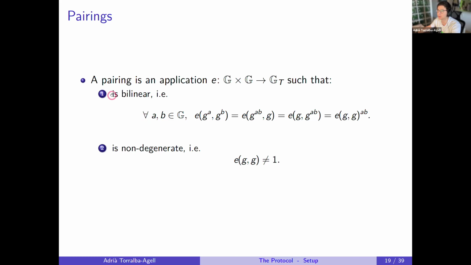Okay, so a pairing is simply an application that takes two elements from the group G and outputs an element from the group GT. And it has two nice properties. That is bilinearity. This, at the end of the day, for our case, means that we can play with the exponents here as we like. And the second property is that E is non-degenerate. This means that E evaluated at the generator of the group is not 1.